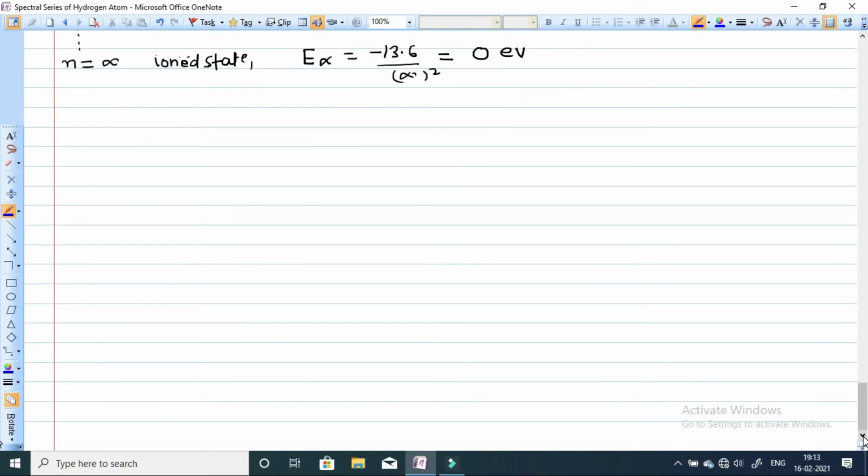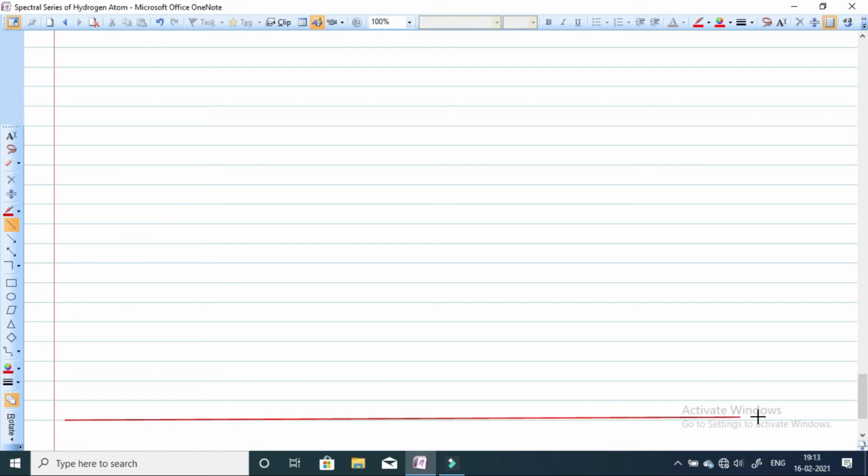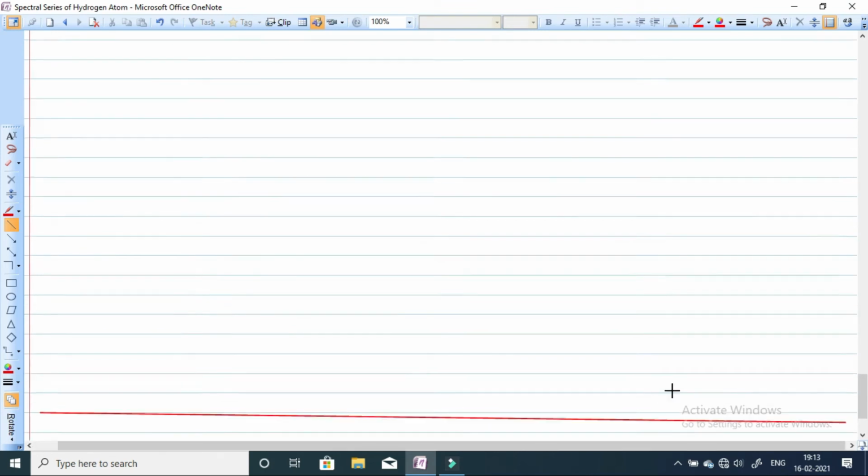So for plotting the graph, we are taking the x-axis and y-axis. Let me choose this axis. We will try to finish within this line.